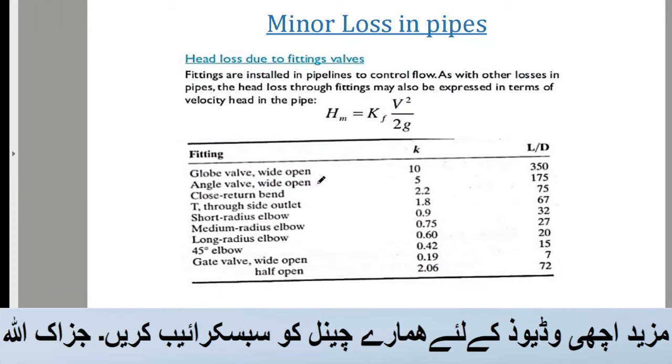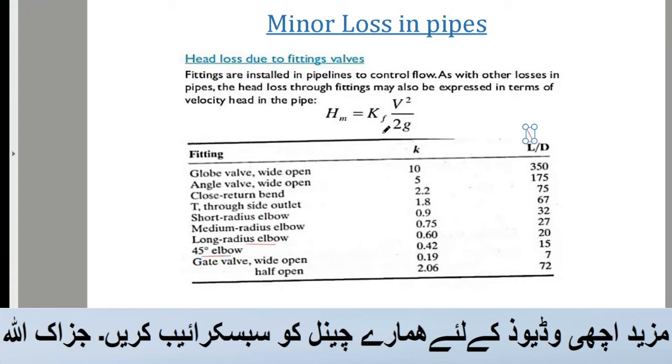We also provide valves at different locations, and when we are providing fittings, either it is an elbow, 45-degree elbow, or long radius elbow, for different types of fittings you will use the value of K. What is L? L is the length of the pipe and D is the diameter of the pipe.